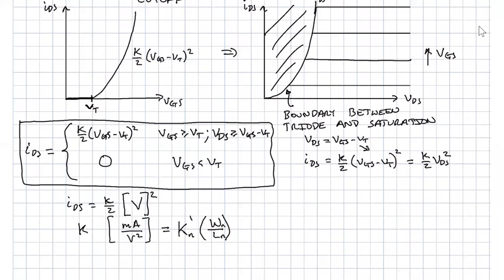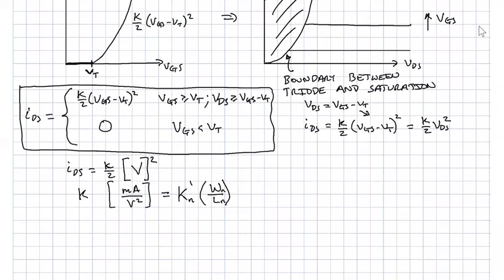It's useful because you can think of this Kn prime part as a constant depending on the technology, or equivalently the process. This is inherent to whatever fab is building the MOSFETs that you're using, and so that's typically a given quantity.